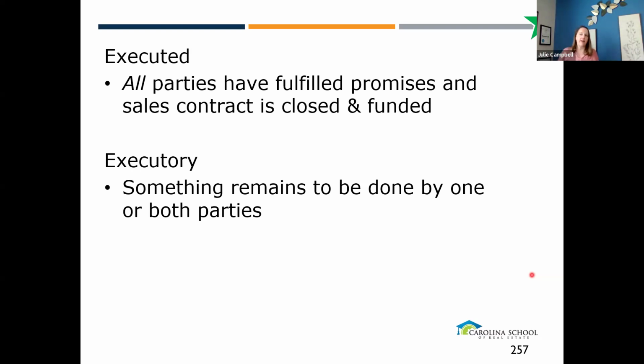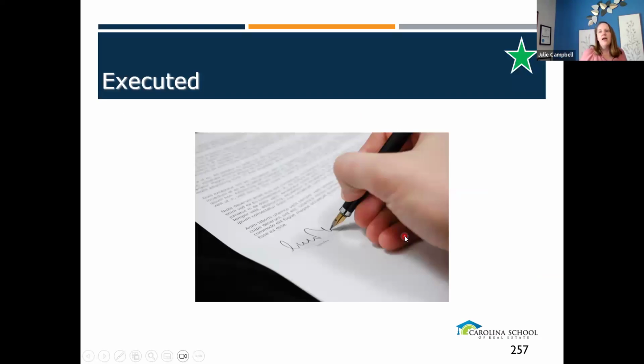And we have figured out by now that real estate's one of those really fun industries, as with many others, that we have one word with different meanings, right? So executed is another one of those words. We could be referring to that it's closed. The promises have been fulfilled. Executed could also mean that something has been signed. So we got to use our context clues on what we're talking about here. Are we talking about the document's been signed?